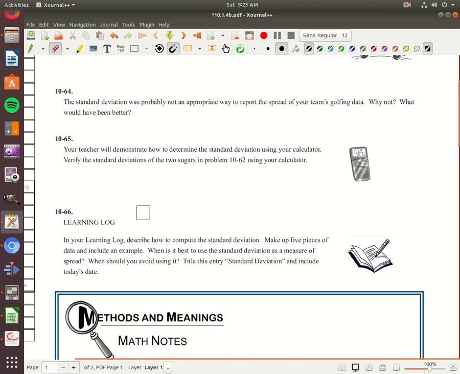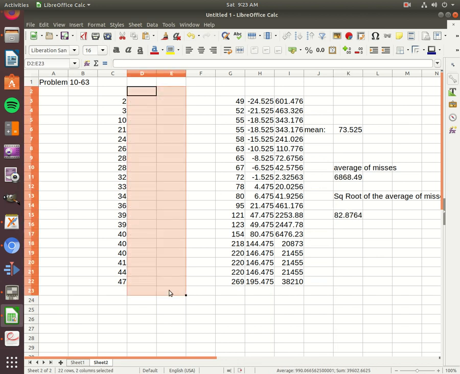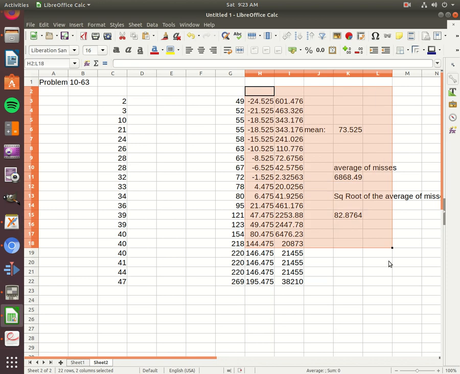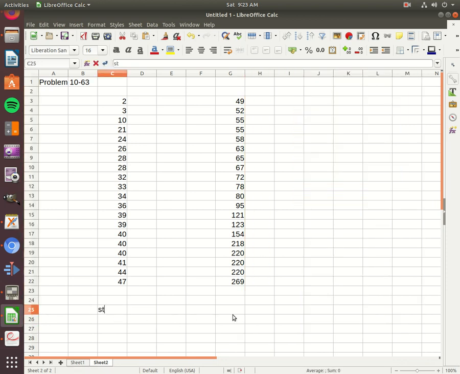So what that means is when we go over to here, I have all this data, right? Well, it turns out that if I really want to get the standard deviation, I don't need to do all this, and I don't need to do all this. All I need to do is say standard deviation, or I could do standard deviation population, and I want you to see the difference.